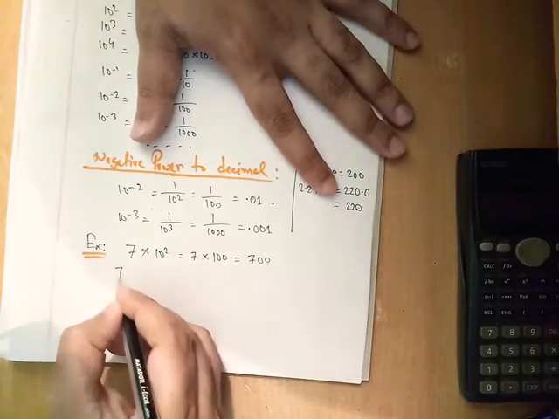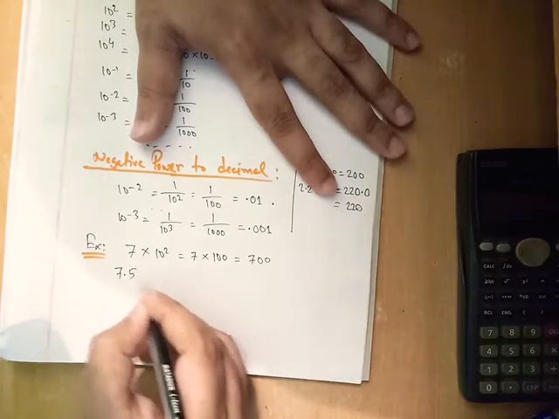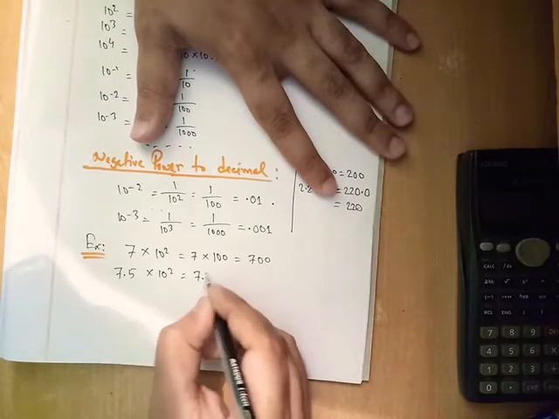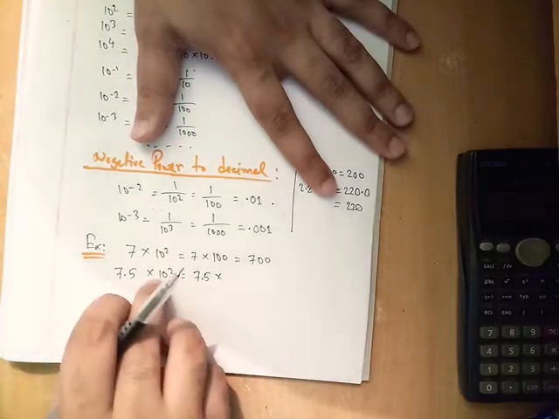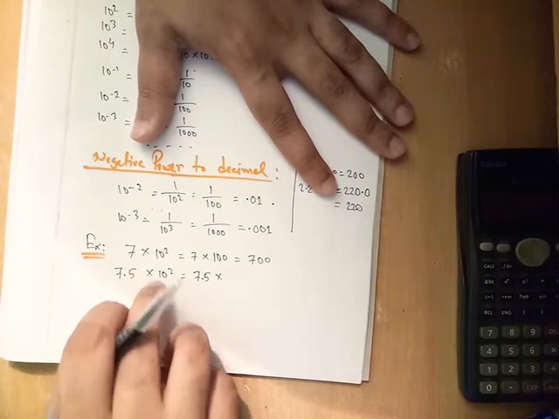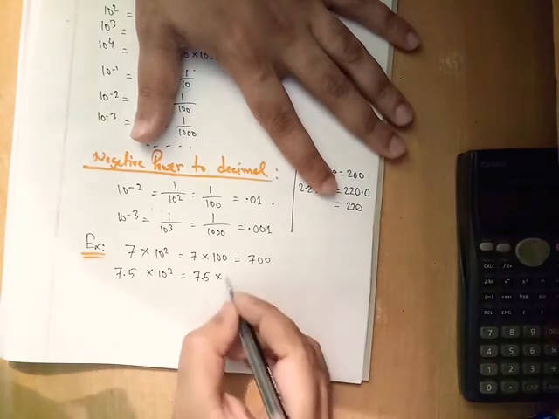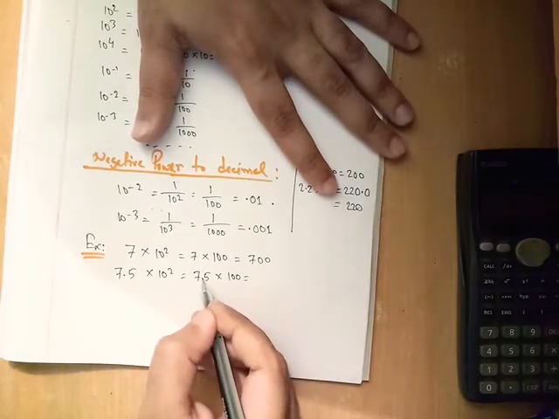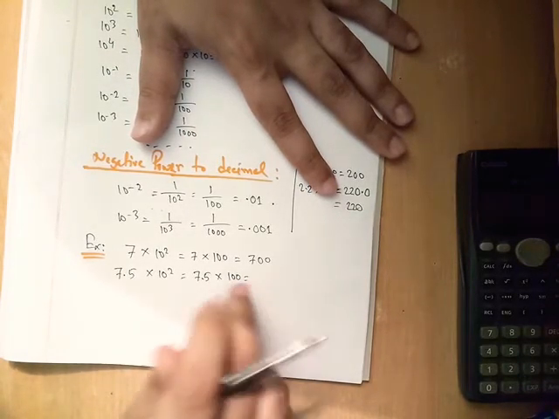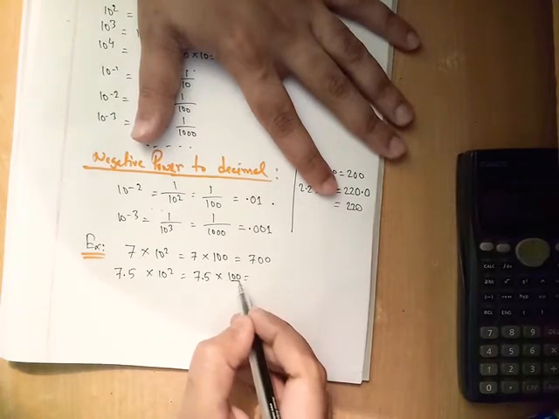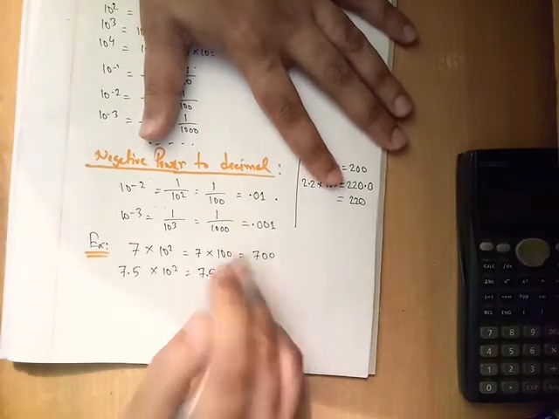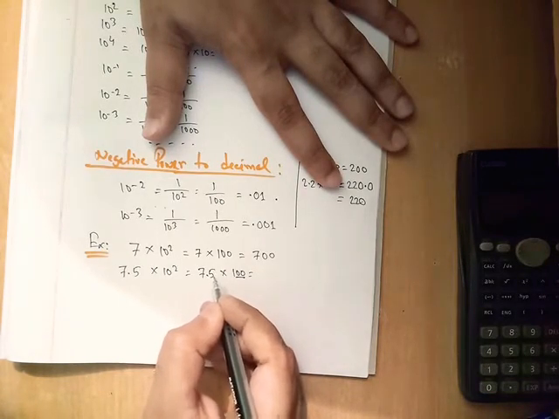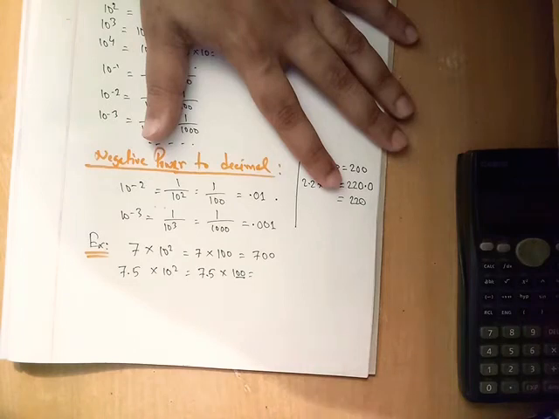Now if I want to multiply a decimal number with the same positive power, how do I do it? 7.5, and then multiply it by 10 squared, expanding it. If I want to write it in a basic numeral, 10 squared gives us 100. Now how do I do it? I have a decimal point here, so as I'm multiplying it with 100, as there are 2 zeros here, the decimal place will move 2 places to the right. So it can only go 1 place here because I have 1 digit, but in order to move it 2 places, there is a vacant space.